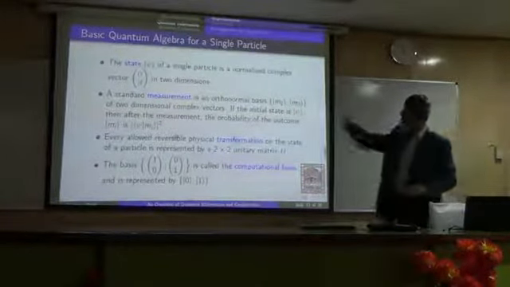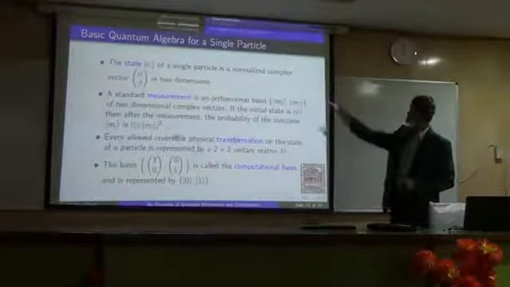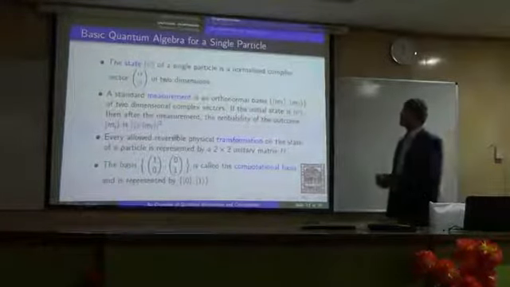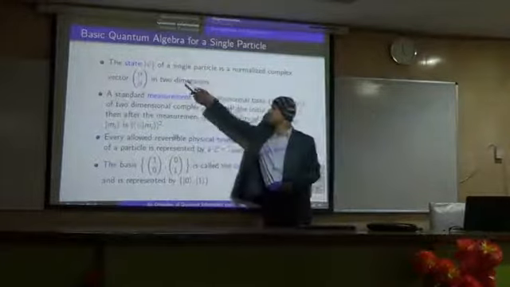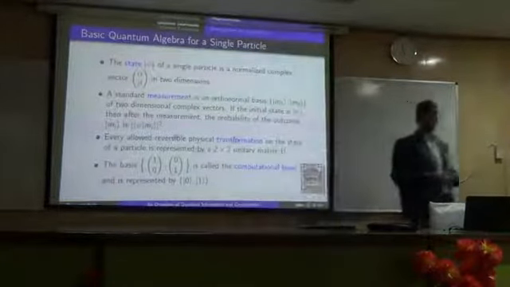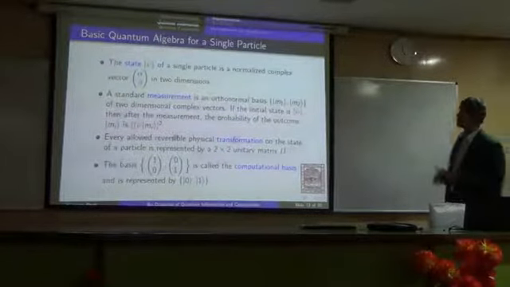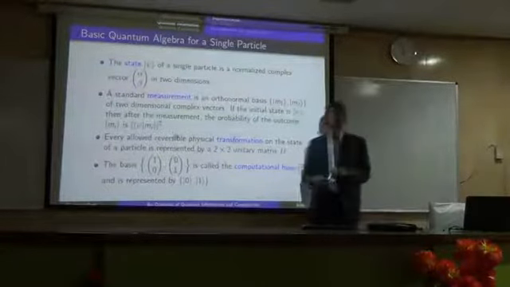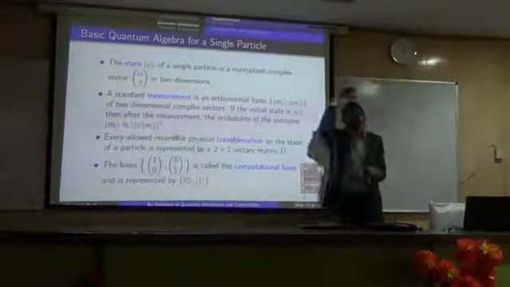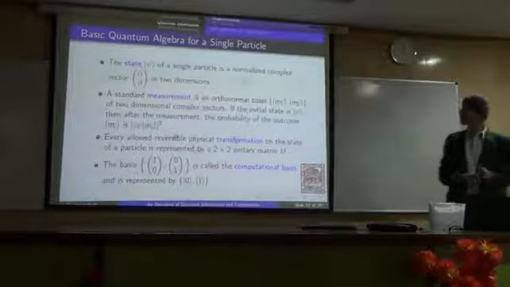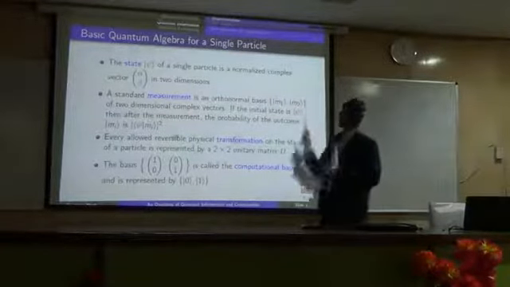Any quantum state is represented by this notation. It is nothing but a vector. When you see such a notation, the scientist Paul Dirac, Nobel laureate, introduced it. It's called Dirac's notation of a quantum state. It is nothing but a two-dimensional column vector, alpha beta, where alpha and beta are complex numbers.